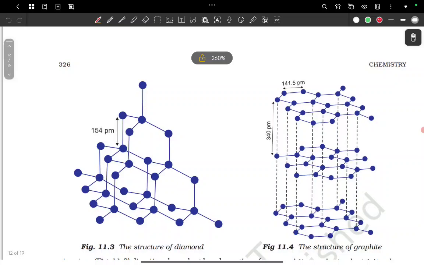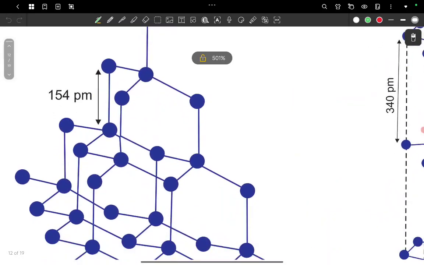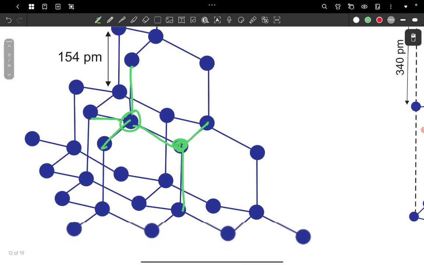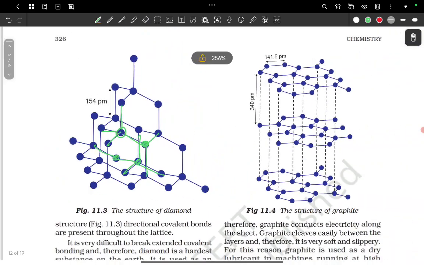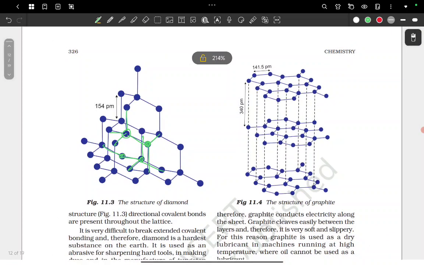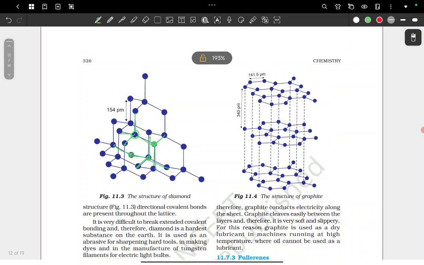You can see here, one carbon is attached to 4 carbons like this, and these are attached in a similar fashion to 4 other carbons. This one isn't shown attached to anybody because the photo is taken from the front, but here you can see this is attached to 4 carbons. They are terrible at making diagrams, but better than me, of course.